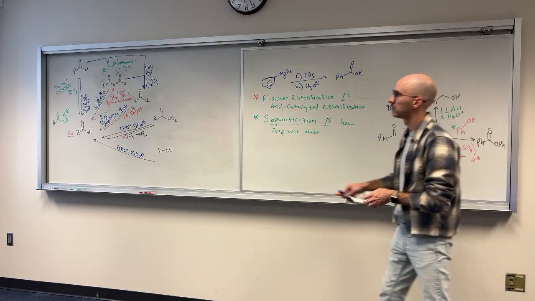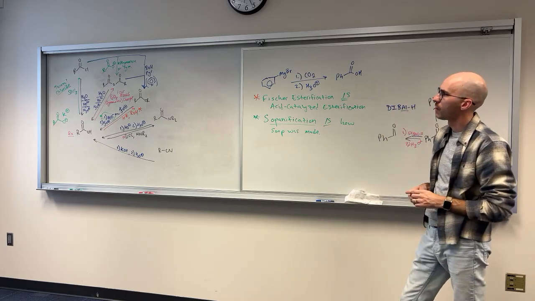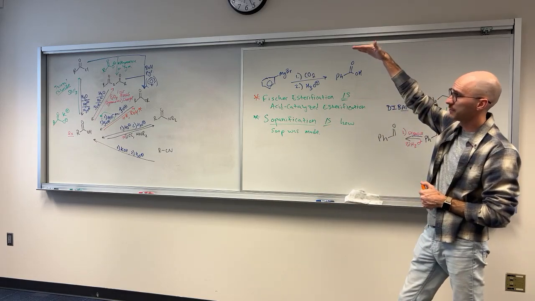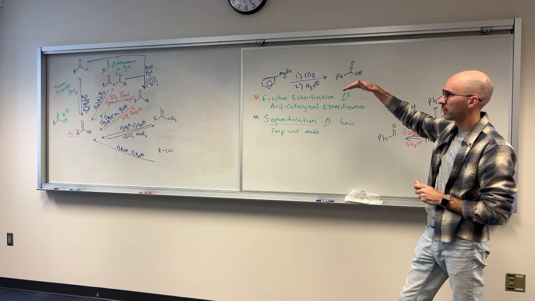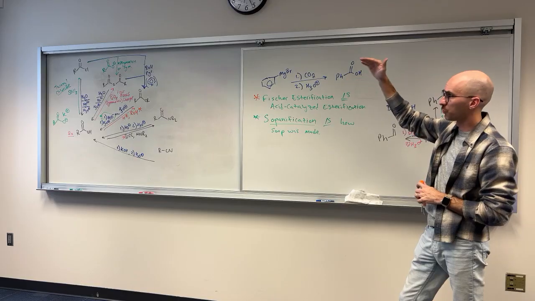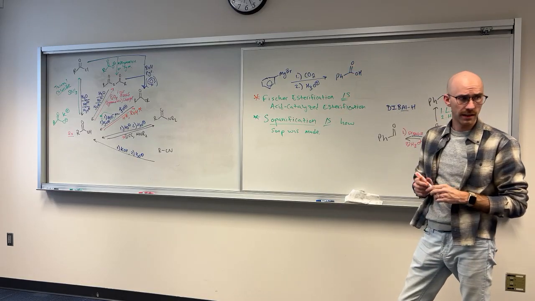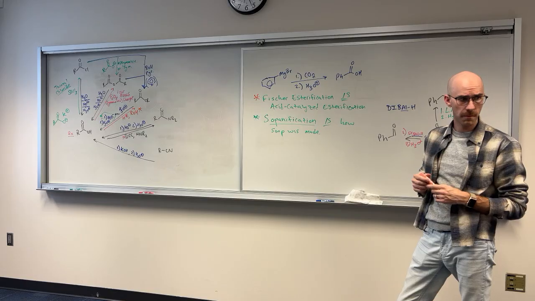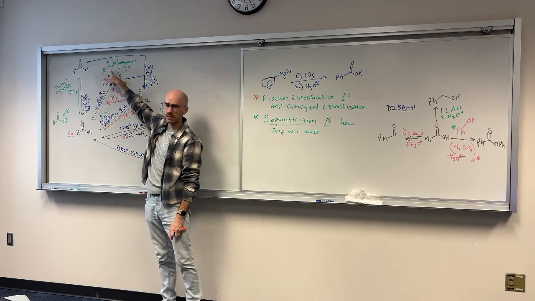How do you get from, what's the top one called? The acid halide? How do you get from the acid halide to the acetic acid anhydride? You react the acid halide with the carboxylate to generate an acid anhydride. It's a carboxylate. A carboxylate is a deprotonated carboxylic acid.